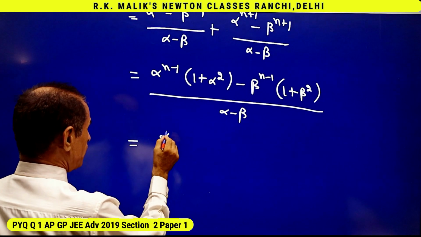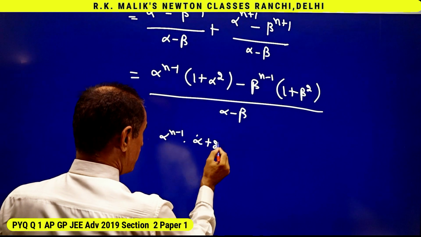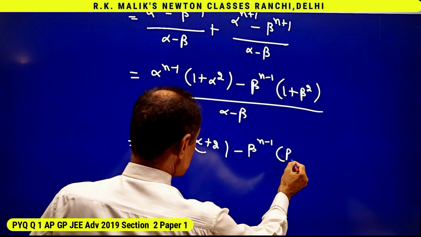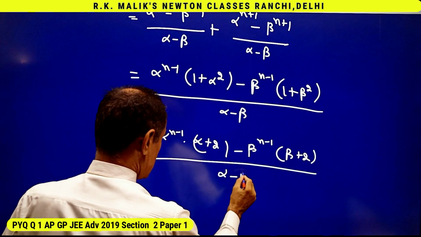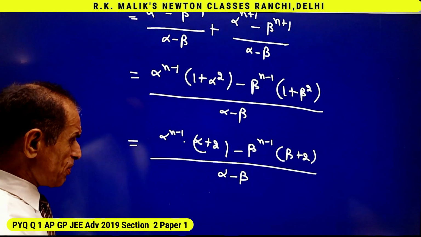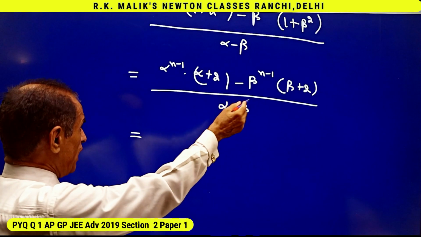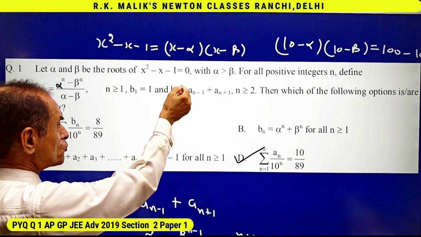Hence I get alpha to the power n minus 1 into (alpha plus 2) minus beta to the power n minus 1 into (beta plus 2) whole upon alpha minus beta. This is equal to, because the values of alpha and beta can be found by finding the roots of this.